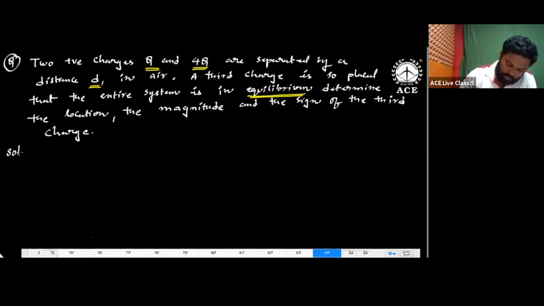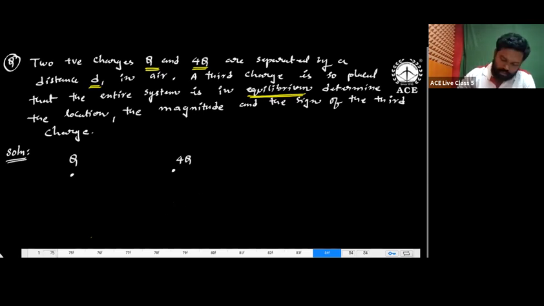Here is the thing. Two charges are there here. There is a charge Q and there is another charge 4Q.